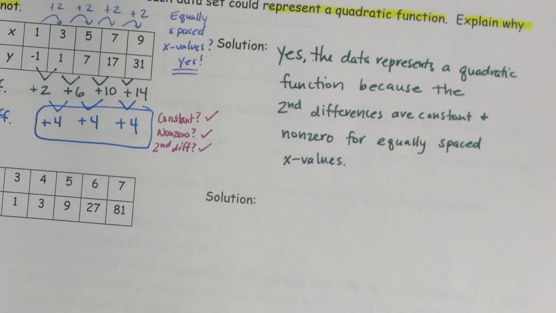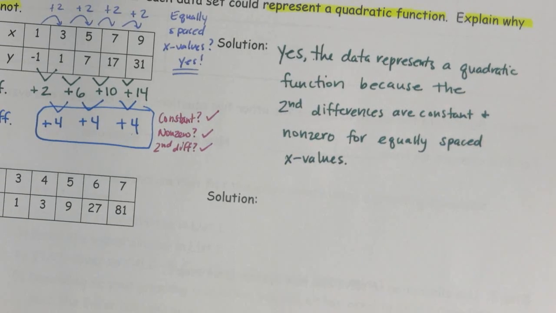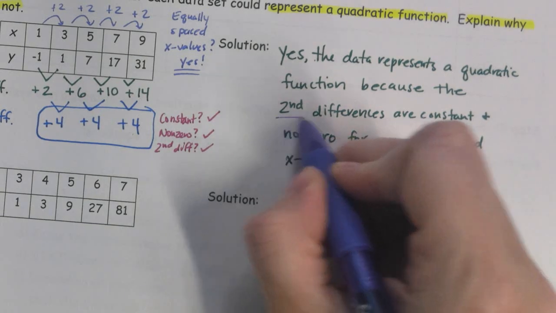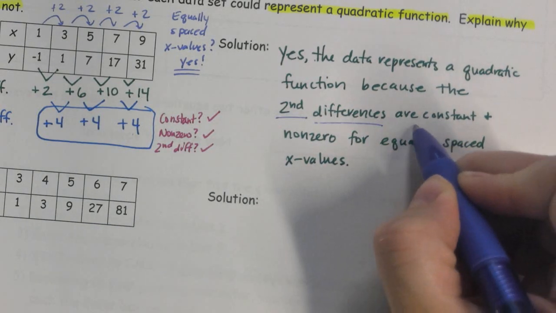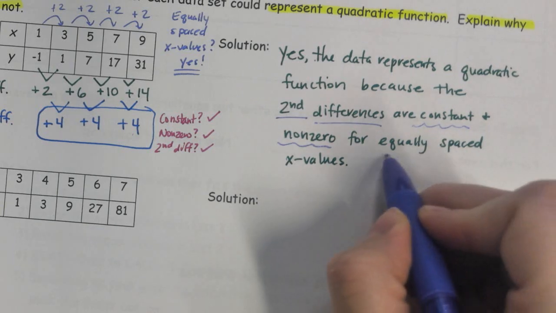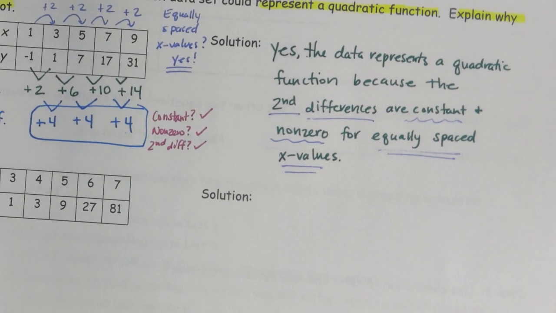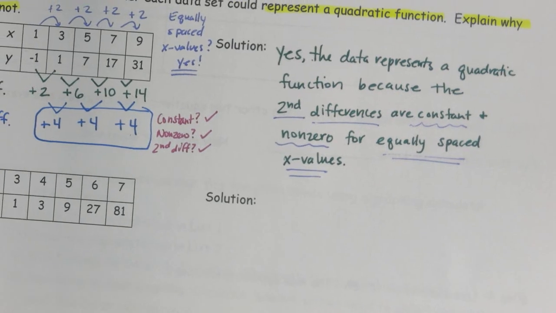Okay, so yes, the data represents a quadratic function because second differences are constant and non-zero for equally spaced x values. Okay, so again, we just have those key terms in there, right? It's the second differences. They are constant, they are non-zero, and we have equally spaced x values. So those are key terms that I'll be looking for, okay, when you're writing your explanation.